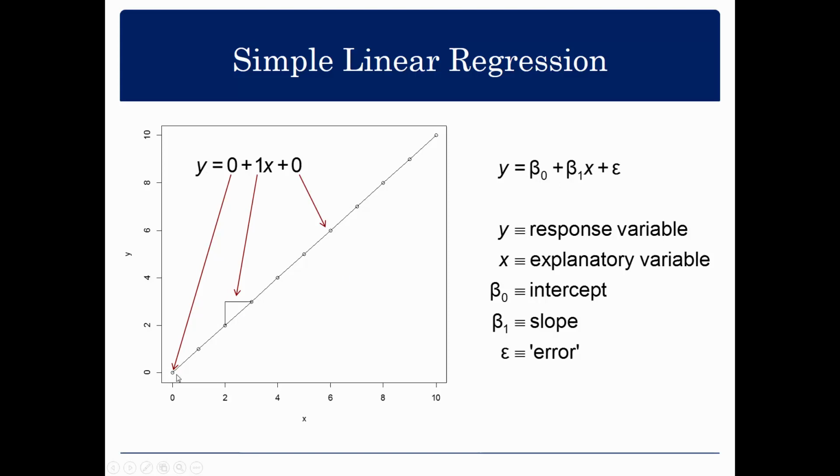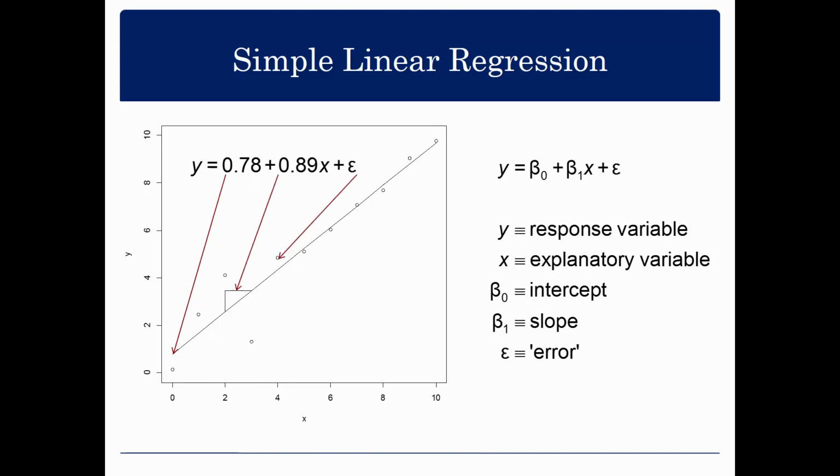Beta 0 is the expected value of y when x is equal to 0, because if x is equal to 0, the beta 1 term goes away. Beta 1 describes the slope, either increasing or decreasing or flat. And epsilon is just everything else left over, which we just lump into an error term.